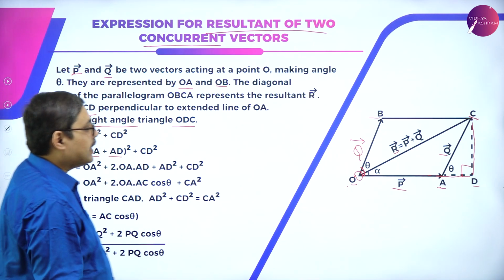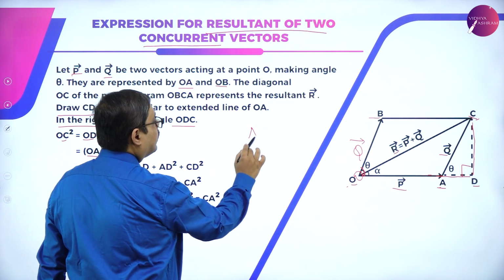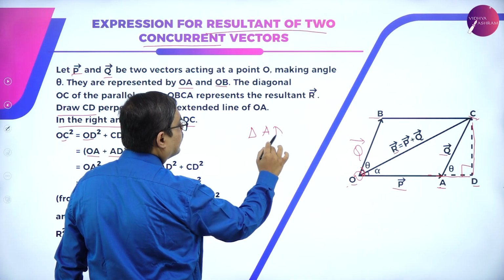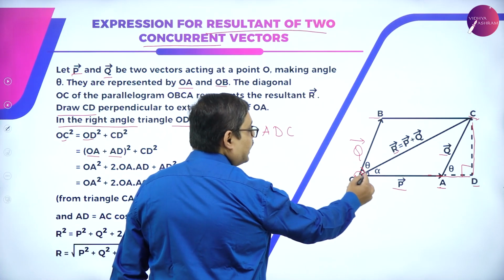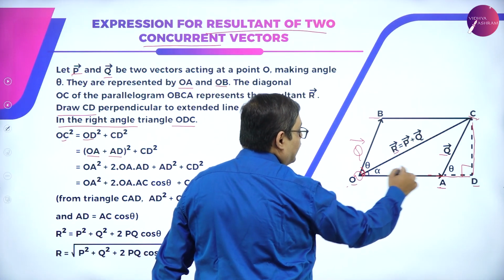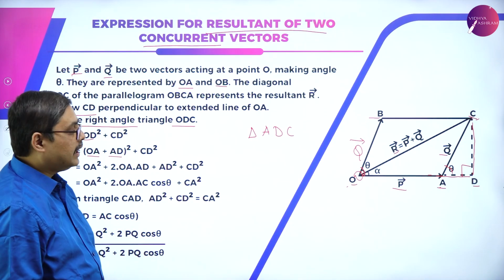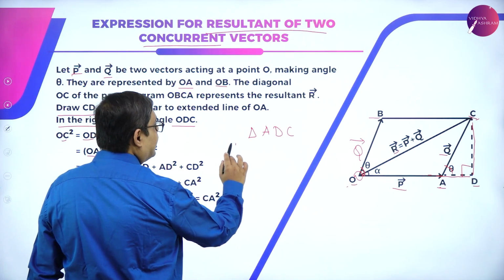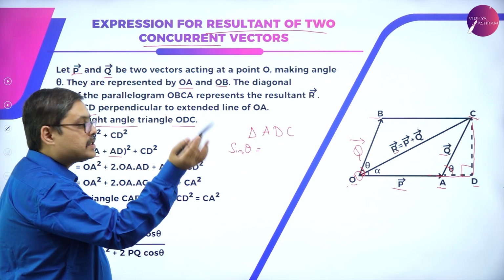Now let me go to the other triangle, which is ADC. In triangle ADC, I have an angle theta which is acting. Please remember, these are parallel lines, so this angle CAD will also be theta. What is the sine of angle theta? Sine of angle theta is opposite by hypotenuse.